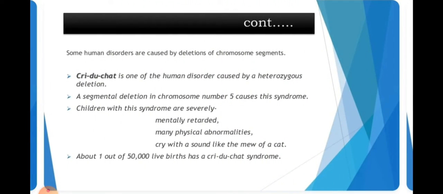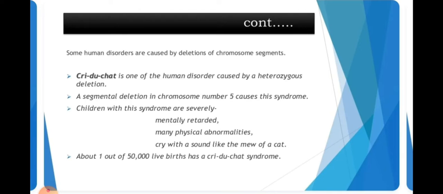Some human disorders are caused by deletions of chromosomal segments. Cri-du-chat is one of the human disorders caused by a heterozygous deletion. A segmental deletion in chromosome number 5 causes this syndrome. Children with this syndrome are severely mentally retarded.